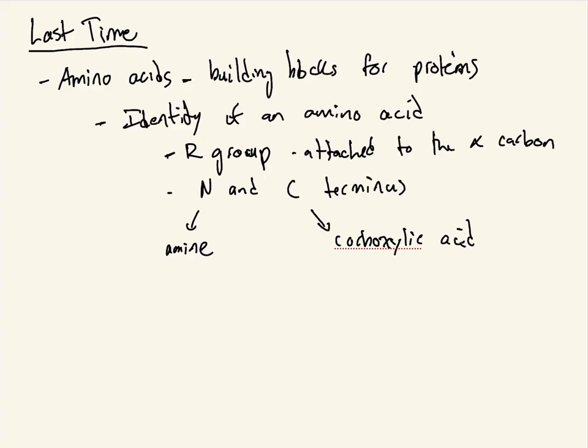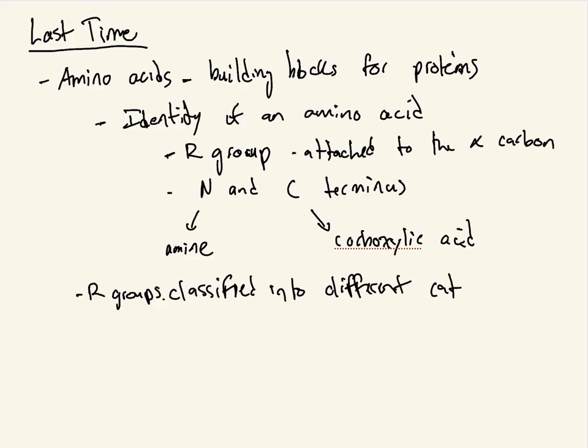Okay, so the identity of the amino acid is given by the R group, and the R groups can be classified into different categories. And how do we classify the different R groups?